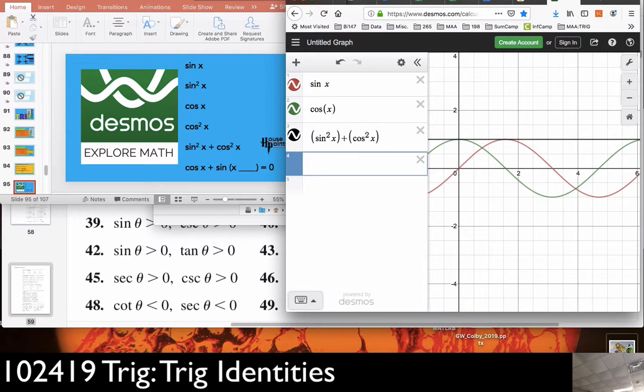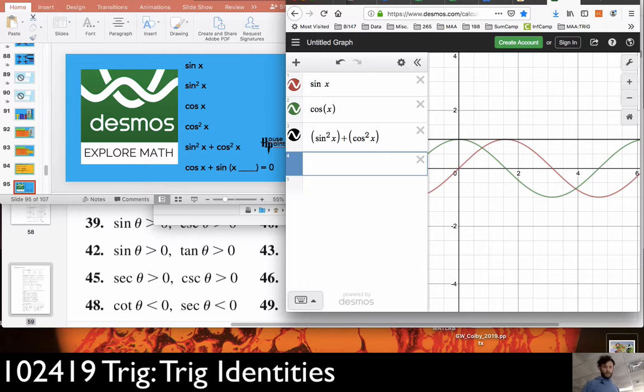What happened? What's that? It's a straight line. Why? What happened? Because it equals 1. Sine squared plus cosine squared equals 1.